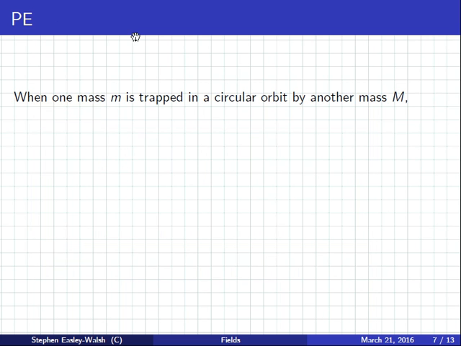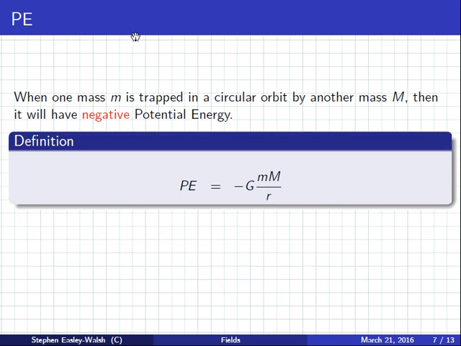Okay, so what about the potential energy? When one mass m is trapped in a circular orbit by another mass M, then it will have negative potential energy because it's trapped. And this is the formula. And again, this formula looks similar to the one we did last time. But think really, really hard for a moment. Don't we already have a formula for potential energy when you're in a gravitational field?